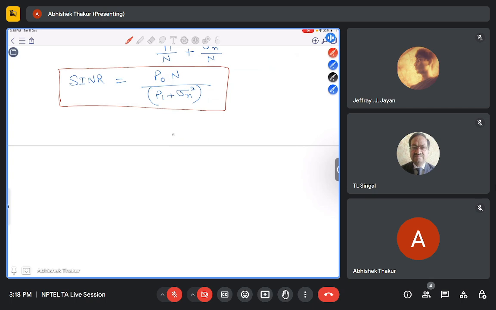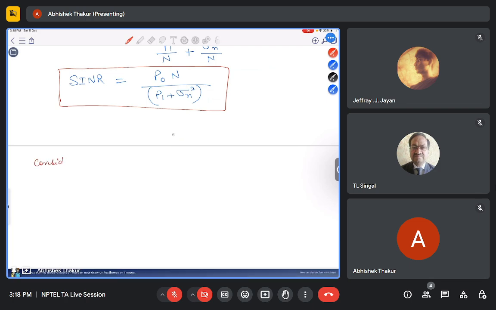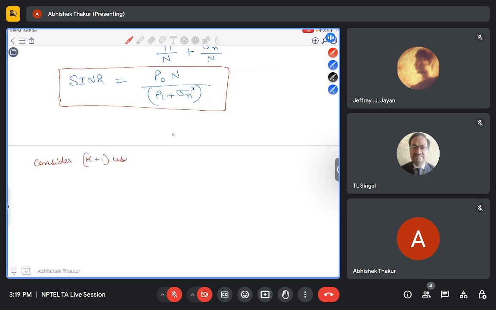Now let's take that there are k plus 1 users. Consider k plus 1 users, and then we will write the general equation of SINR.